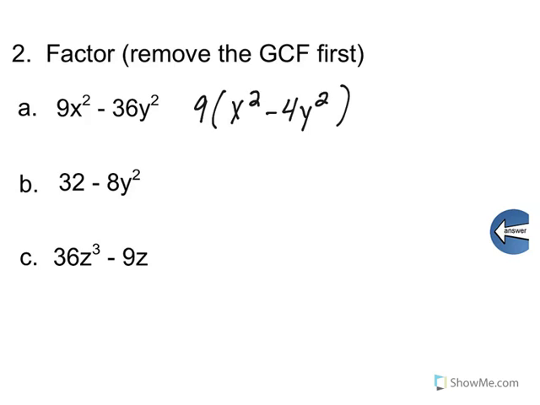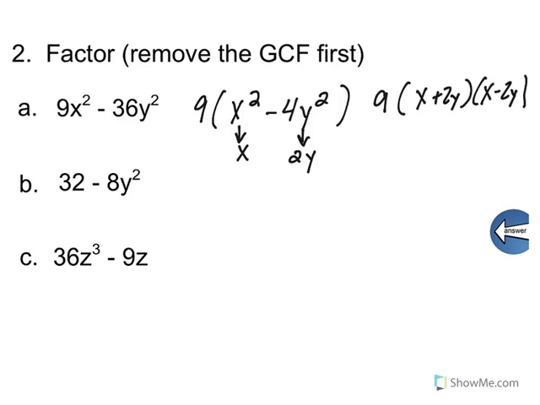And then we factor the difference of squares on the inside. I know that the square root of x squared is x, and the square root of 4y squared is 2y. And so my factor is going to be 9 because we pulled out the 9, and then when I factor the inside, that's x plus 2y and x minus 2y.